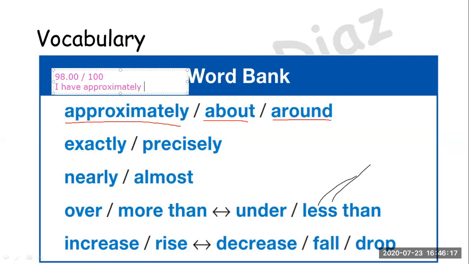Or I could say I have about 100 pesos. When you say approximately or about, it's because you don't have that precise amount, but it's almost. I have around 100 pesos. You could say that.